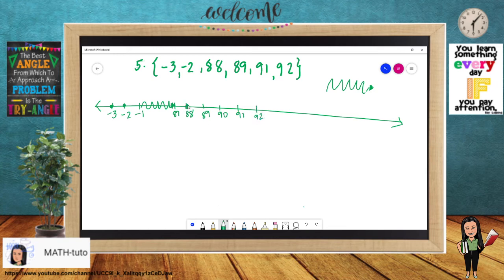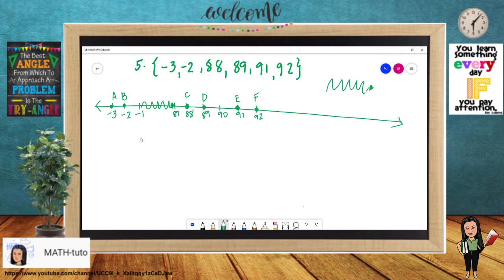So, the next points are 88, 89, 91, and 92. Ang ibig sabihin lang niyan, we break the line so that we don't have to write all the other numbers that we don't need. This means that there are all other numbers in between negative 1 and 87, hindi na lang natin isinulat.